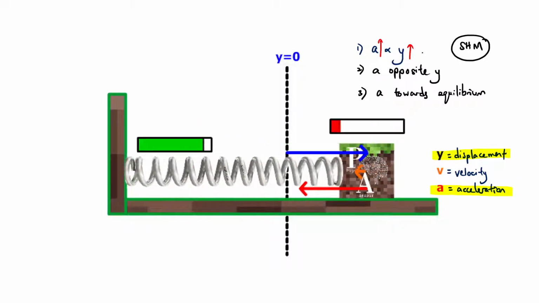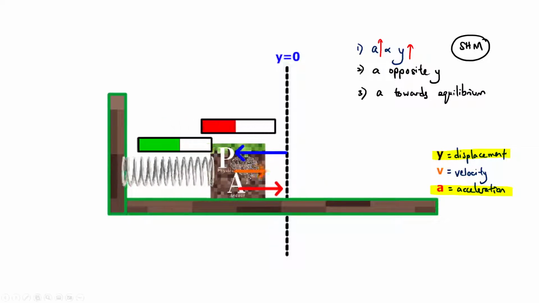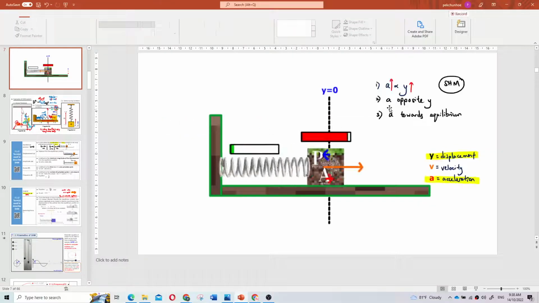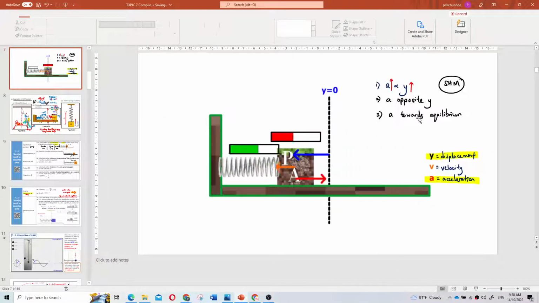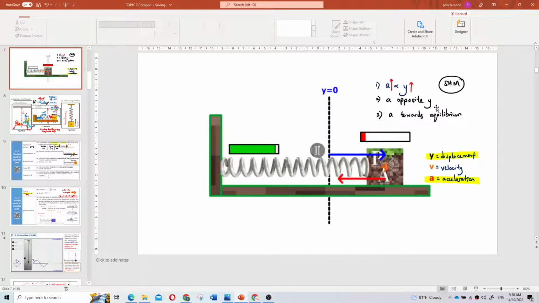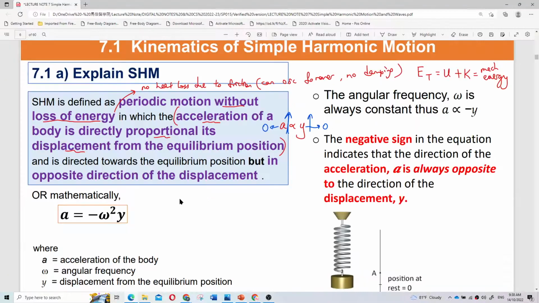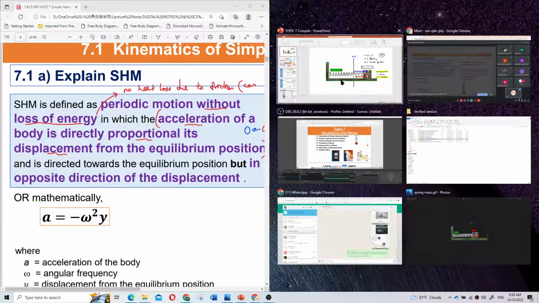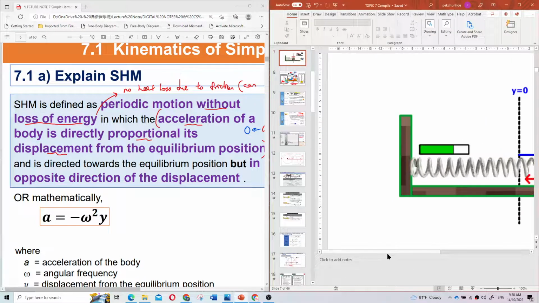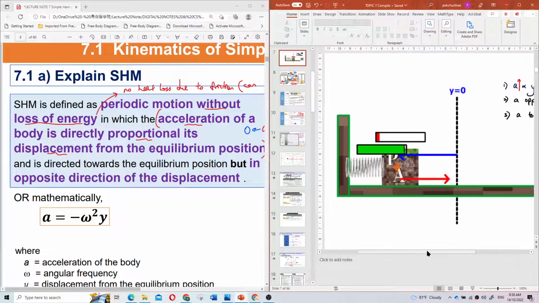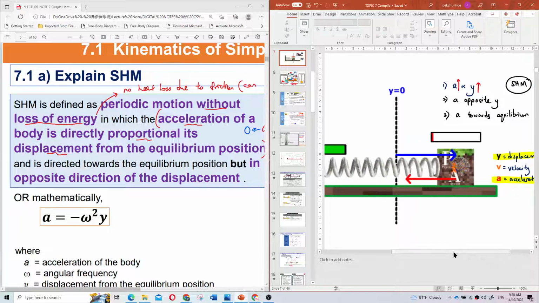Okay, let me keep it. So this is the thing you notice: acceleration is always opposite the displacement. Now I want you to look back to the definition again. Put it side by side like this. Isn't it amazing? How computer works.